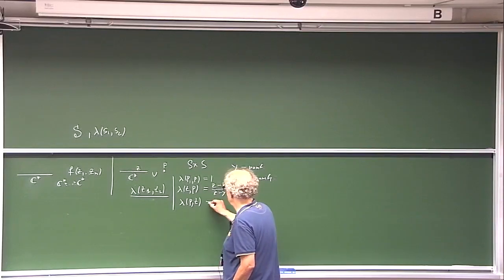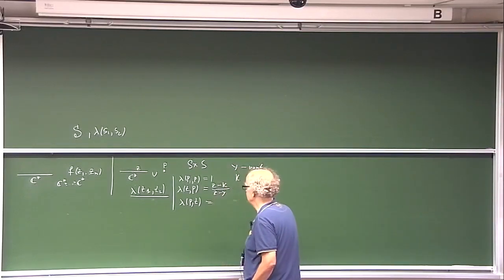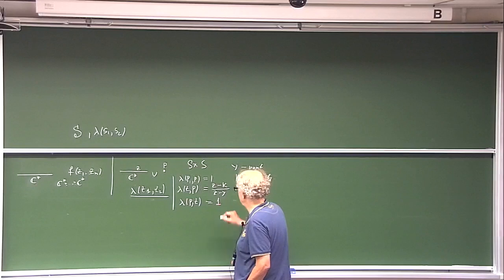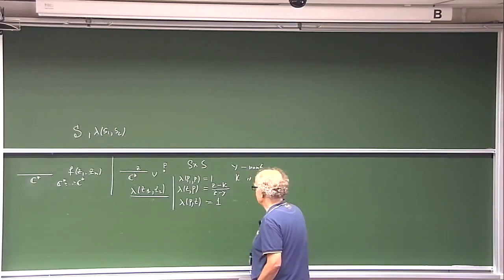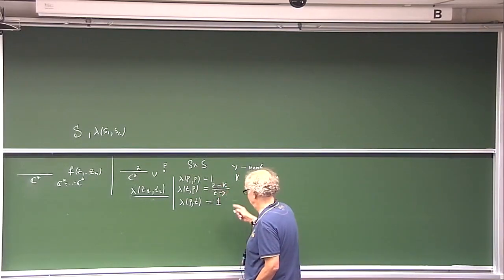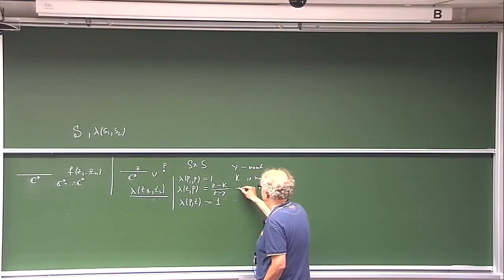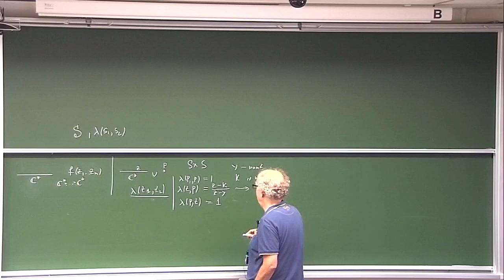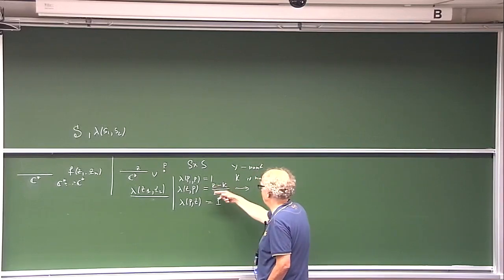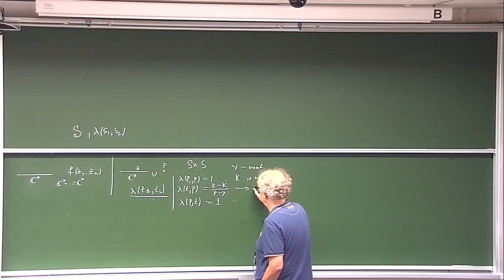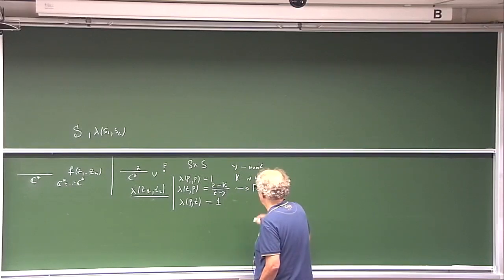And this can be some different things, maybe 1. Or here I can have in principle more complicated objects. I can take some rational function in one variable z.